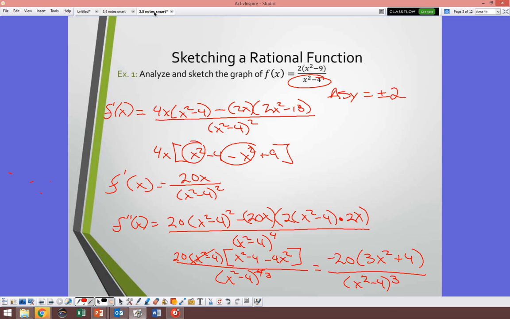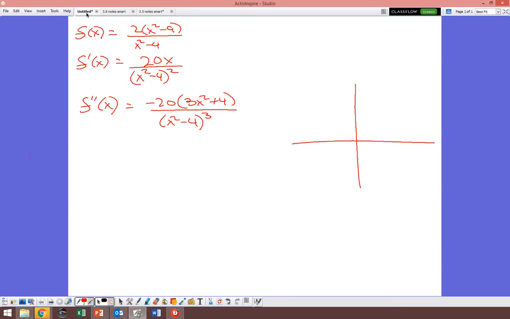This is without a calculator, so we know we have vertical asymptotes at plus and minus 2. I'm going to put those in right now. There we go, I have asymptotes there. That's a start.